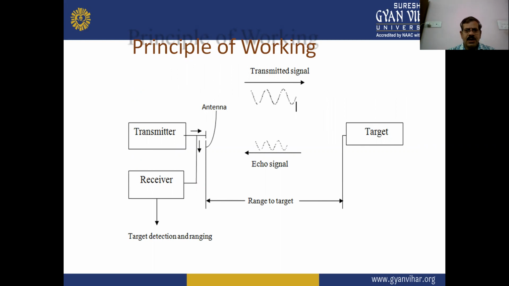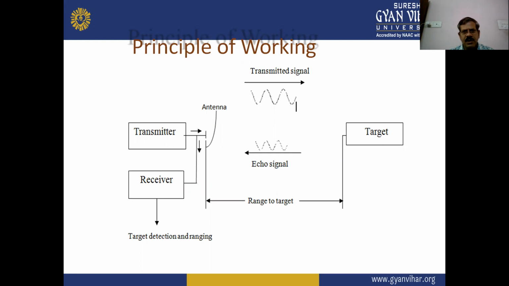Principal working of the radar. So this is the diagram of the basic radar, in which there is a transmitter, a receiver, and an antenna. The signal is transmitted by the transmitter to the target.